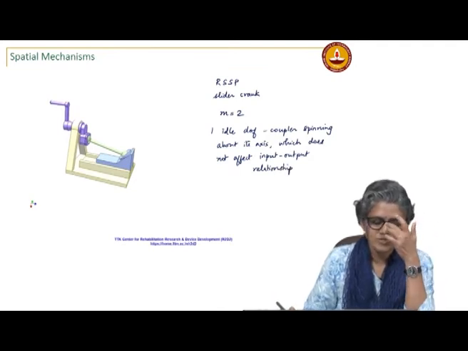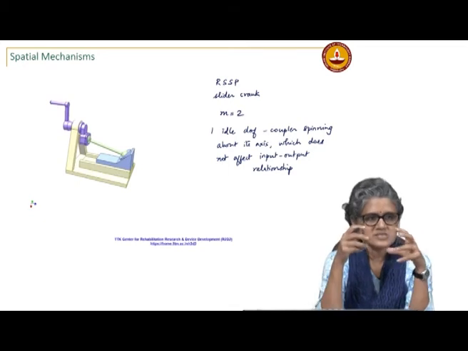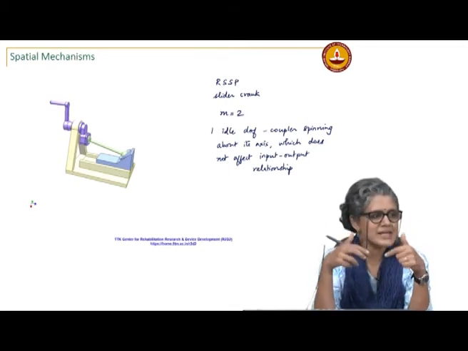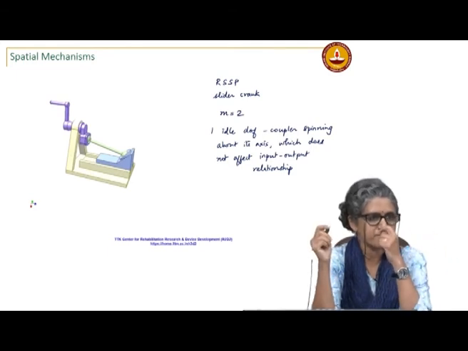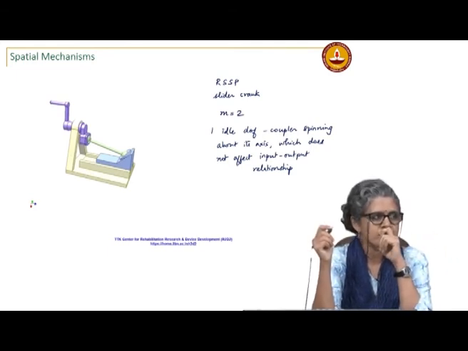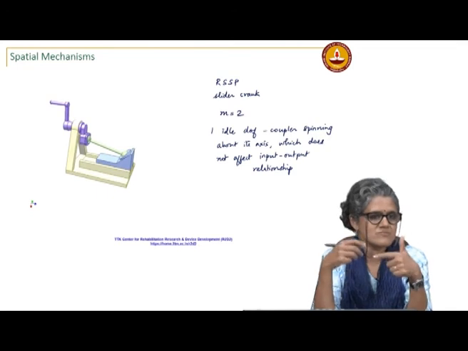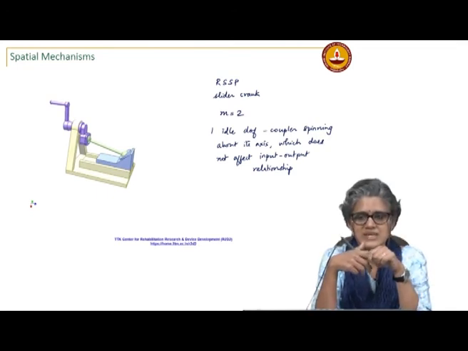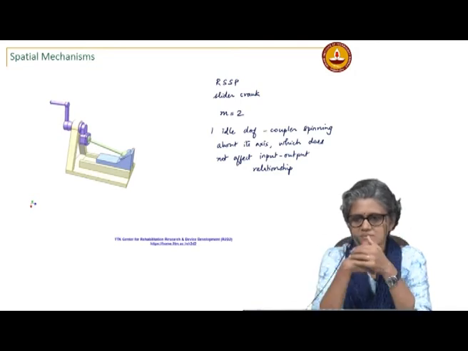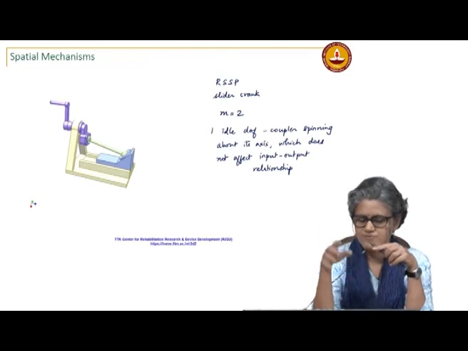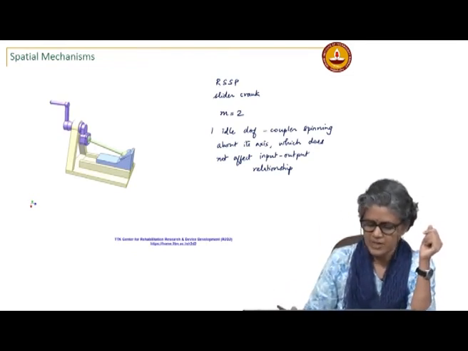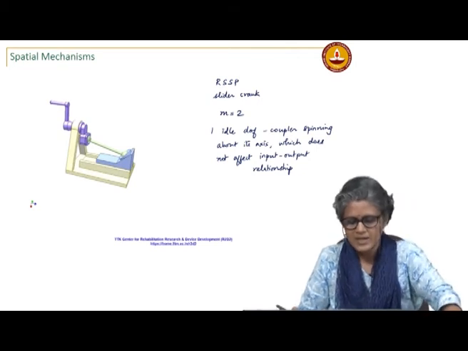So, you will find in many cases where you have two spherical joints in series, it is likely that you will have an idle degree of freedom, unless for some reason that is desired or required, that is part of the output that you are looking at.